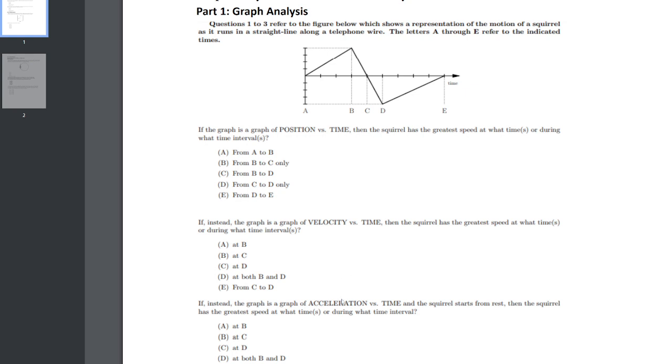So remember that the antiderivative of something can just be the area under the graph, right? And remember, negatives are negatives. So if I have up to D, this is going to be from A through C minus from C through D, right? So our greatest speed is going to be right before we hit the negatives, right before we start subtracting, right? So at point C, we're going to have our greatest speed. So we're going to have answer choice B for this.